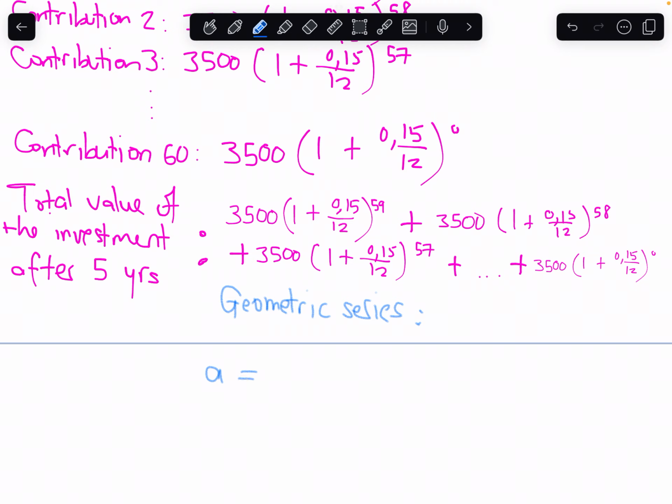A is 3,500 times (1 plus 0.15 over 12) to the 59, right? So there's our A. Some people will take this to be their A and look at the series going backwards. That's completely fine. In fact, probably easier to look at it that way, but I've chosen a direction and I'm sticking with it.